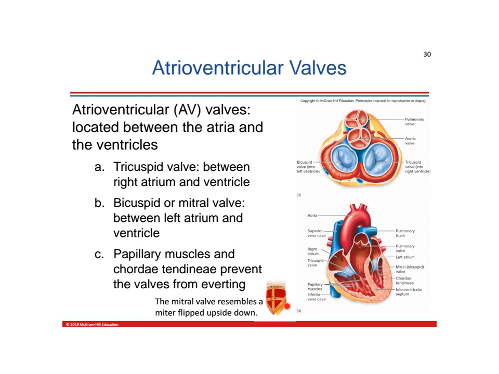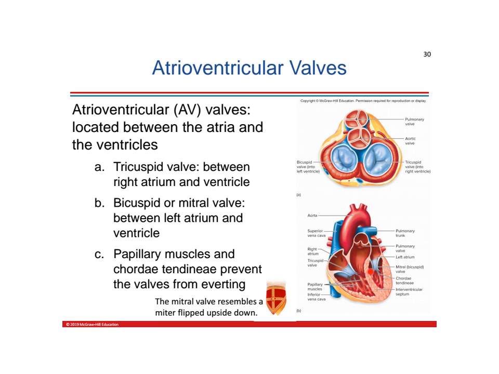A mitre is a kind of ceremonial hat worn by bishops. And if you take one of those and flip it upside down, then you'll see that it has these two flaps. And so that looks very much like the mitral valve. It has these two flaps, and so that's the origin of the name mitral valve.